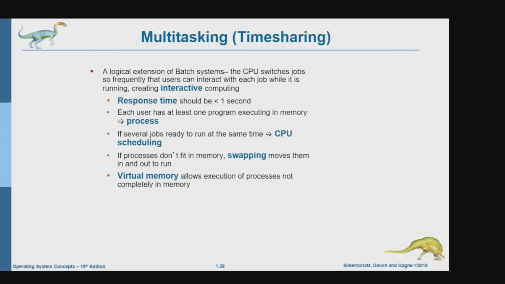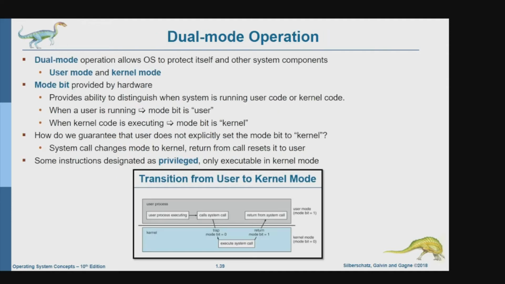And if processes don't fit in memory, swapping moves them in and out to run. The term is swapping. Another part is virtual memory, which allows the execution of a process that is not completely in real memory.